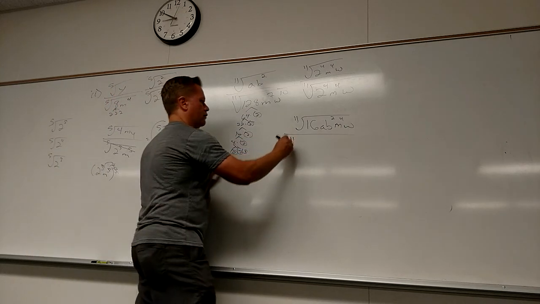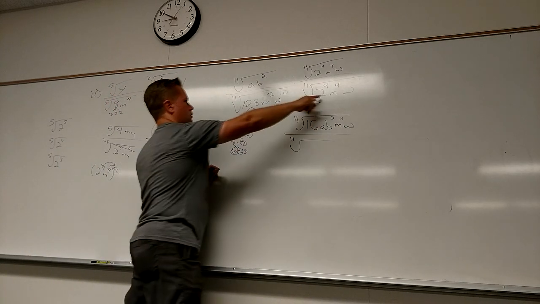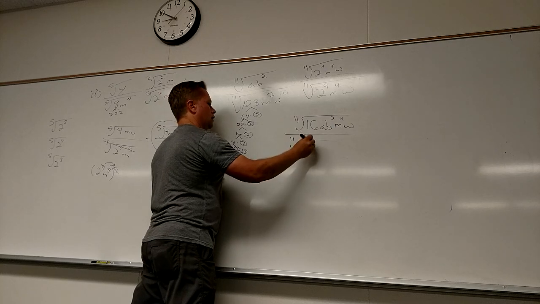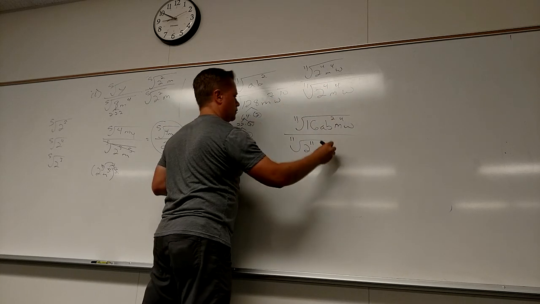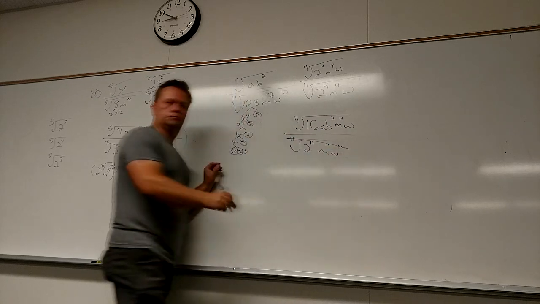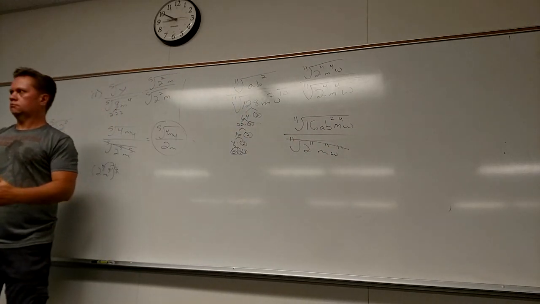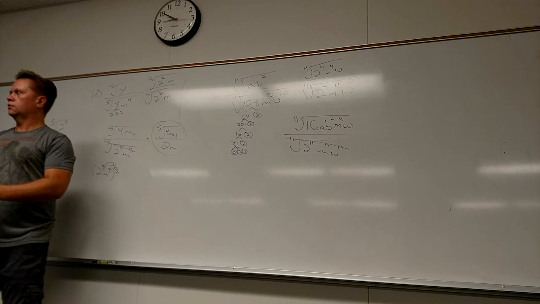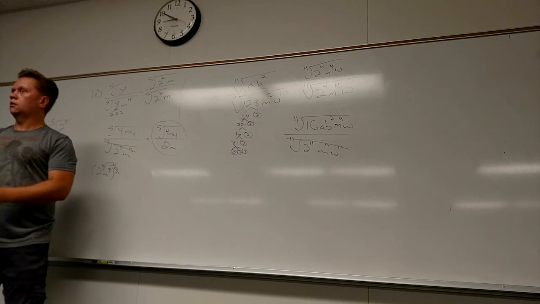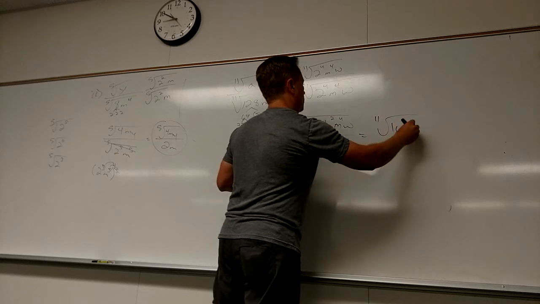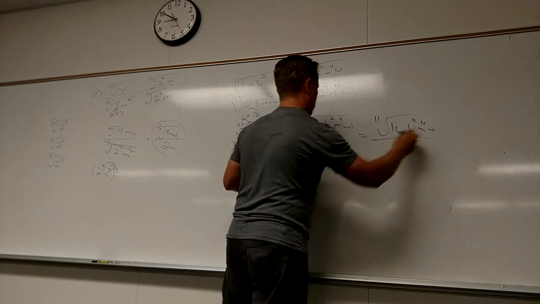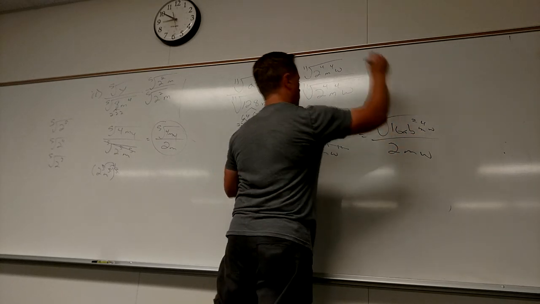Because what do I get? I get 11th root of 2 to the 7 times 2 to the 4th is 2 to the 11. M to the 11. W to the 11. Pop! They all kill each other. And so I get 11th root of 16 AB squared M4W all over 2MW.